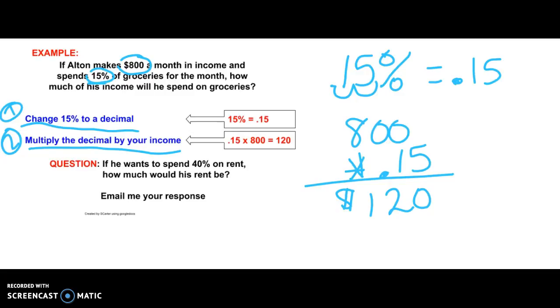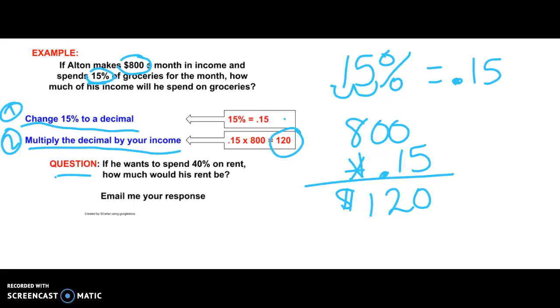Okay? Now, I'm giving you a question to answer. I want to see if you can answer it. It says if he wants to spend 40% on rent, how much would his rent be? Okay, so look at the way we solved this problem. We said income times the percent, changed to a decimal, and that gave us the amount of money he would spend on groceries.